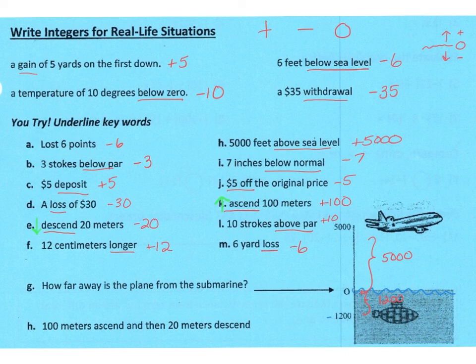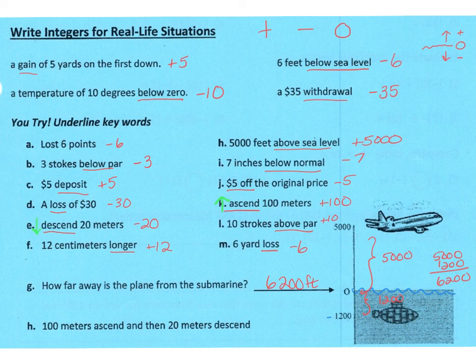So if I want to take the whole trip from the plane all the way down to the submarine, I'm going to go 5,000 feet plus an additional 1,200 feet to get to the submarine. So together, that 5,000 plus the 1,200 is really 6,200. So the plane is 6,200 feet away from the submarine.